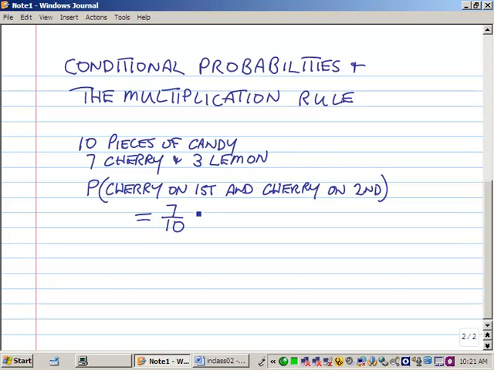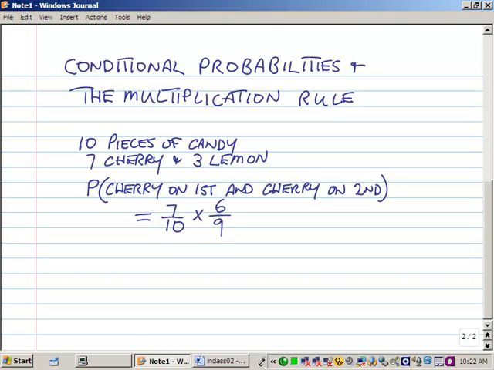And then the probability of getting a cherry on the second, well, we multiply those probabilities. Well, we have 9 left to select from, of which 6 are cherry. Okay, and that's the probability. But this involves both parts of what we are going to talk about in this lecture, that is the conditional probabilities and the multiplication rule.